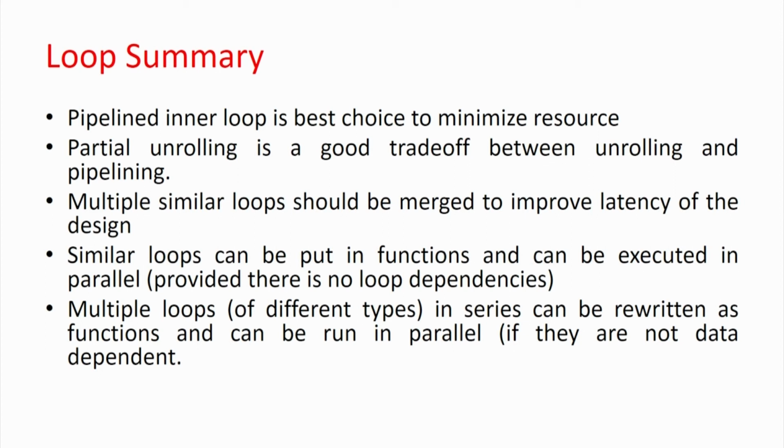If their limits are the same and the operations are the same, fine. If the limit is different, then you can create the same function body and call it 2 times, so that either it is reused or a parallel body will be created. If the limits and the function body are also different, still you write a module, so that these two modules can run in parallel in hardware. This is something we should always think about when you have multiple loops in your behavior.